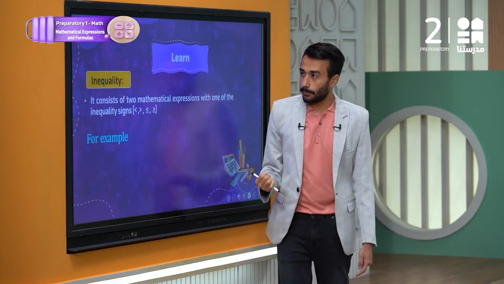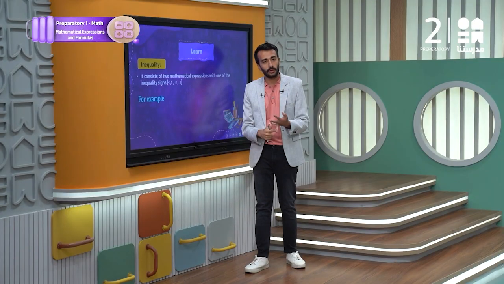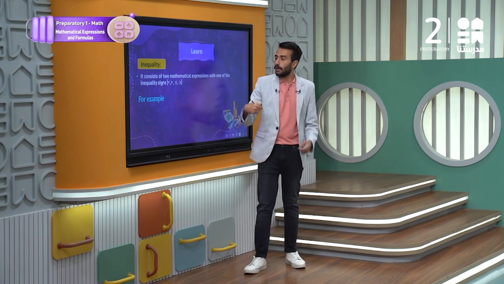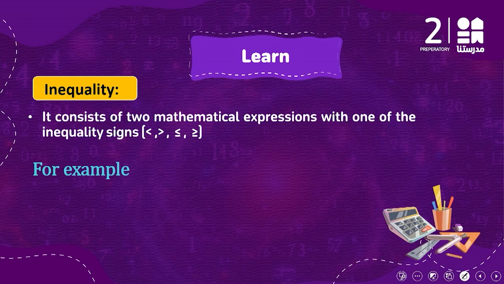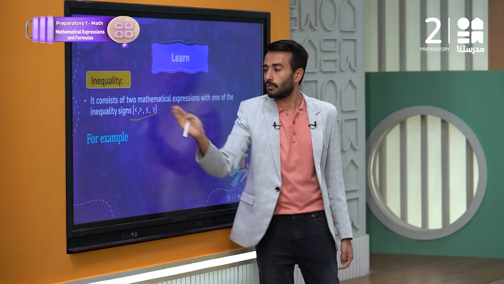Another type of algebra statement you will see is an inequality. So now we have finished numerical expression, algebraic expression, and then equation. Now this is called an inequality. What does inequality mean? It consists of two mathematical expressions with one of the inequality signs, these signs. So it's the same as an equation, but here instead of the equal sign, we use one of these signs.